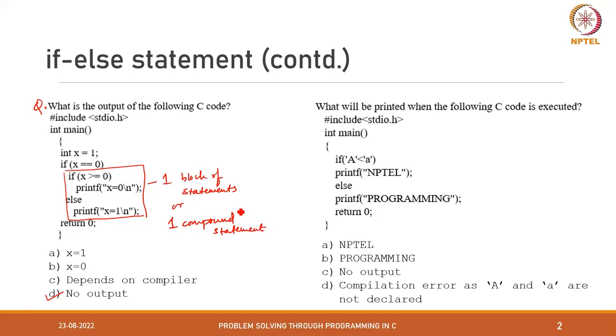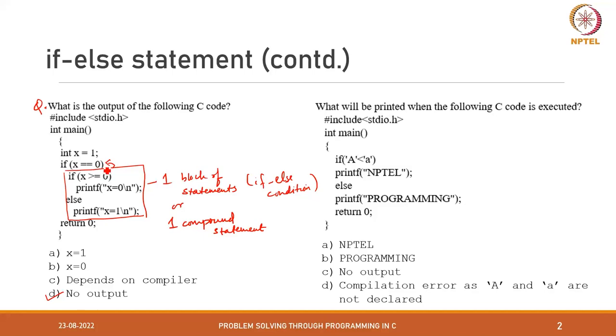So this entire block of statements comes under this if condition, even though we have not given any curly braces here. If we have not given any curly braces, that basically means that the next statement, whatever is following this if statement, is what is included in this if statement.